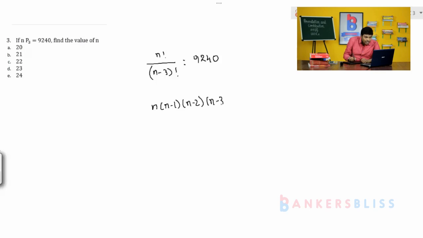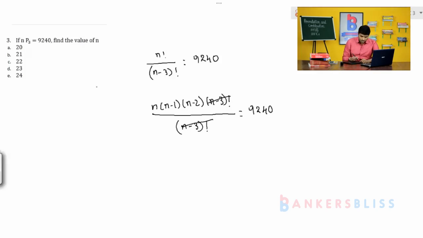n factorial means n into n minus 1 into n minus 2 into n minus 3, n minus 4, n minus 5, n minus 6, it's going to come. But in the denominator I have n minus 3 factorial, so in the numerator you write like this and you stop. n minus 3 factorial divided by n minus 3 factorial. So n minus 3 factorial gets cancelled, which is equal to 9240.